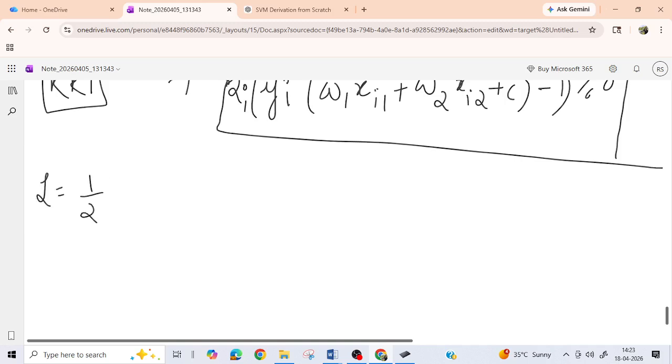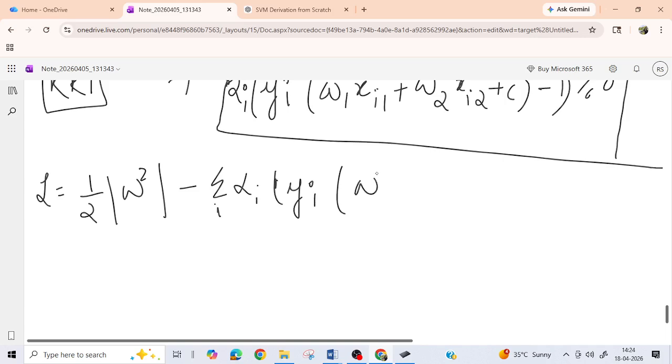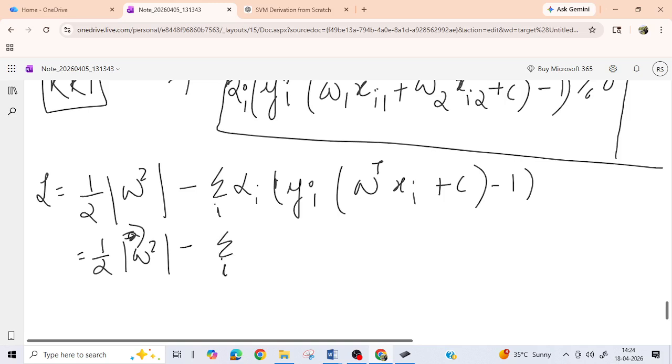It was half of omega square minus summation over i of alpha i into yi into w transpose xi plus some constant c, and then minus 1. So we need to be wary of a few things. Now let's call the term in the bracket g(xi).